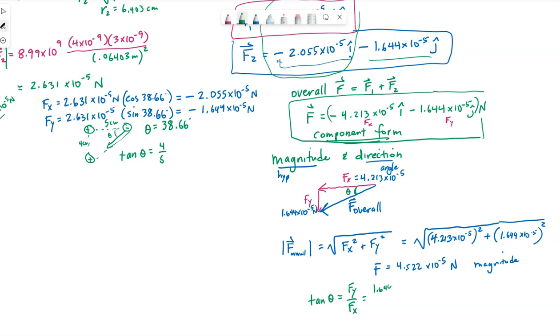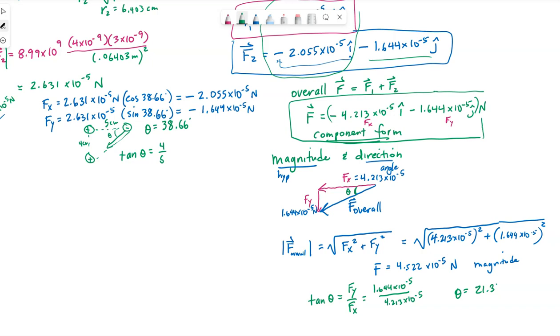So the 1.644 over the 4.213. Inverse tangent of both sides, I'm getting an angle of 21.3 degrees.